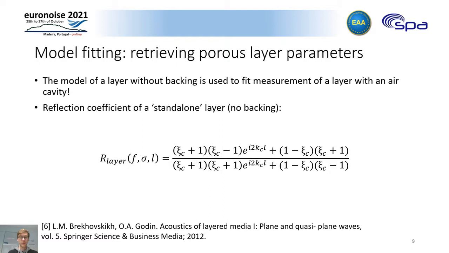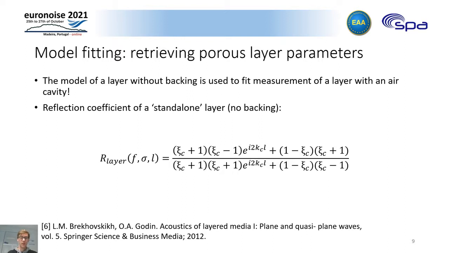As I mentioned in the introduction of this presentation, it is not sufficient to simply add a porous layer on top of an air cavity in our model to retrieve the parameters. This simply does not work for large air cavities.